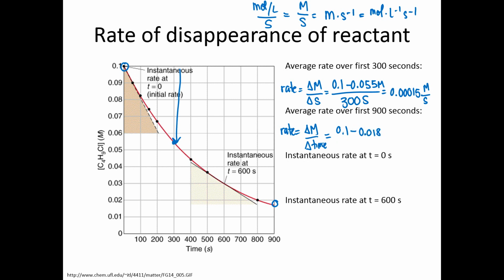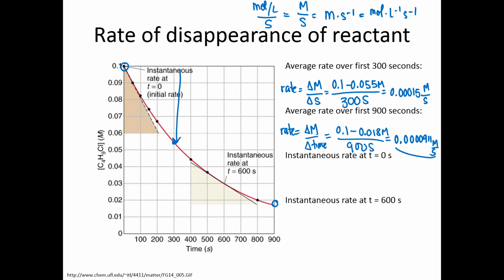I think it's pretty close to 0.02, divided by 900 seconds. Plug that in your calculator. 0.1 minus 0.018 divided by 900, and you get 0.000091.